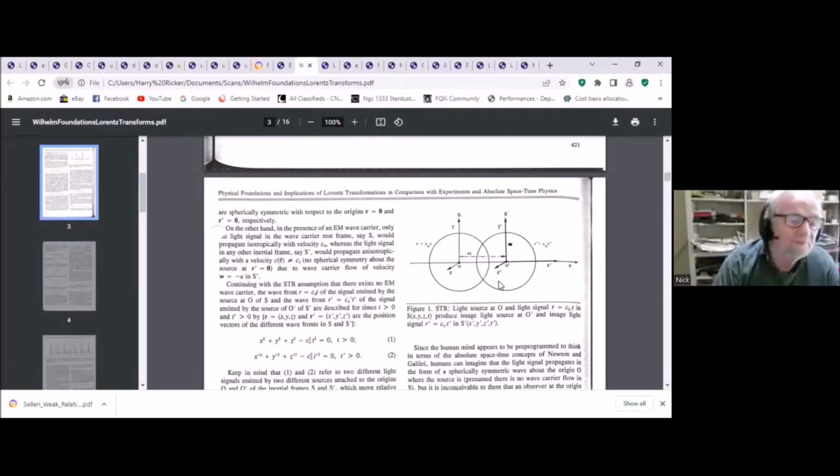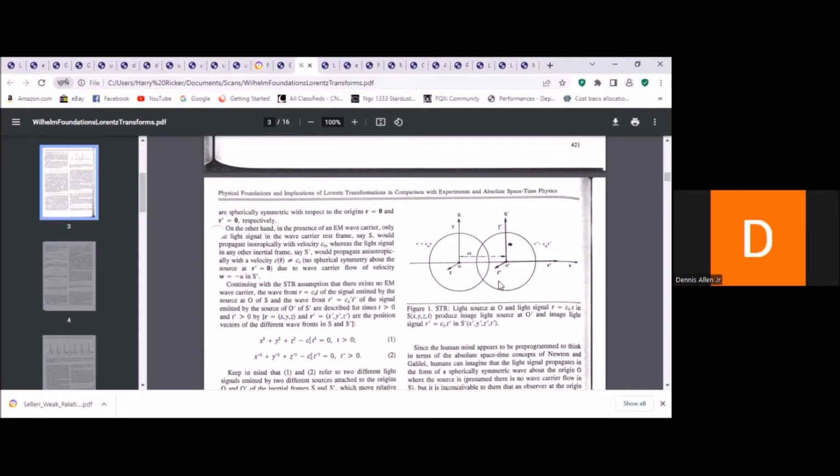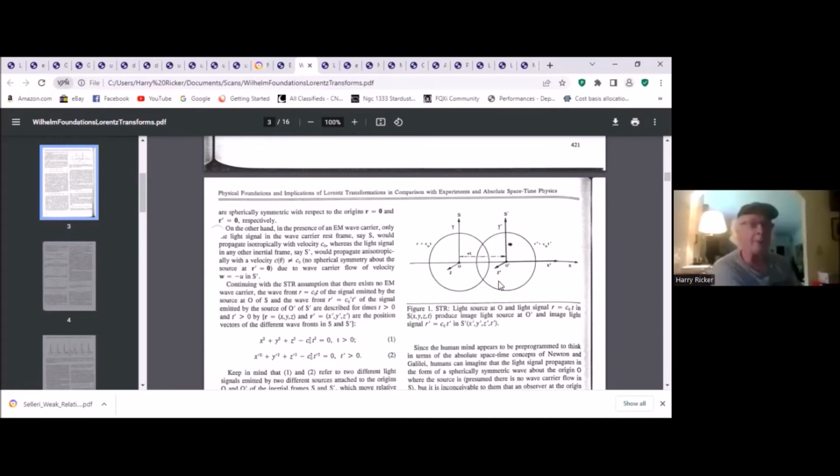Yes. But its utility is important too in engineering. And if SRT will allow you to compute things rapidly that otherwise would take months, if at all, then that has to be taken into account too. Well, that brings up the issue that Nick brought up earlier, which has to do with the Lorentz ether theory.